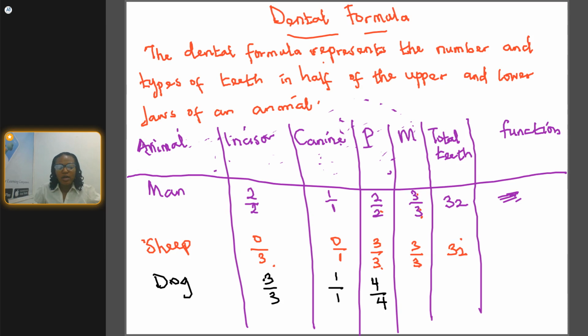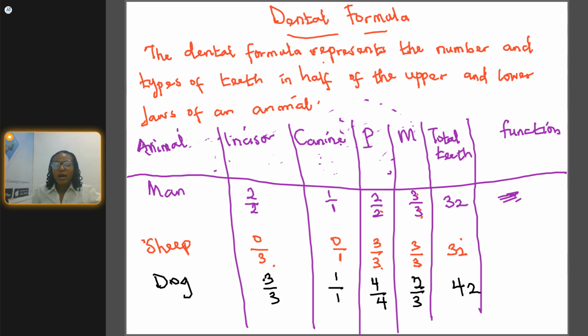Okay, and for molars, you have 2/3, which means you have 2 molars at the half upper jaw, and 3 molars at the half lower jaw. All right, so everything sums up to 42 in dog. So you have 42 teeth in dog.